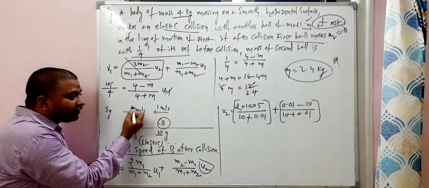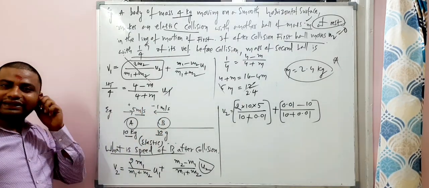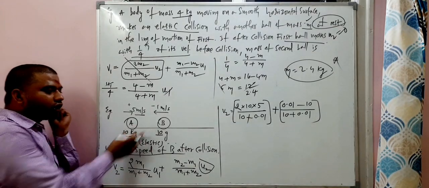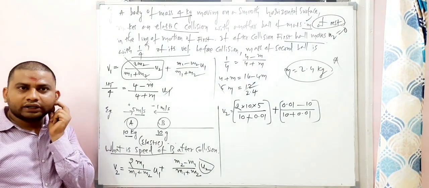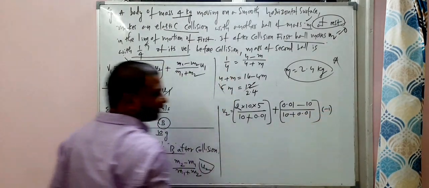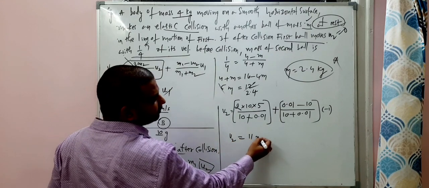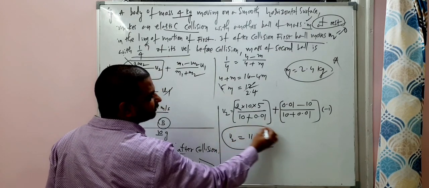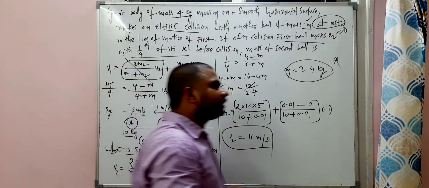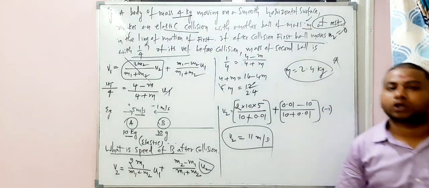So when we have taken this velocity as positive, this must be negative, because we are talking about velocities. So this is minus 1 if the direction is different. If you solve it, approximately you will get the answer as 11 meter per second. You check it, try it and tell me whether you got 11 meter per second or not.